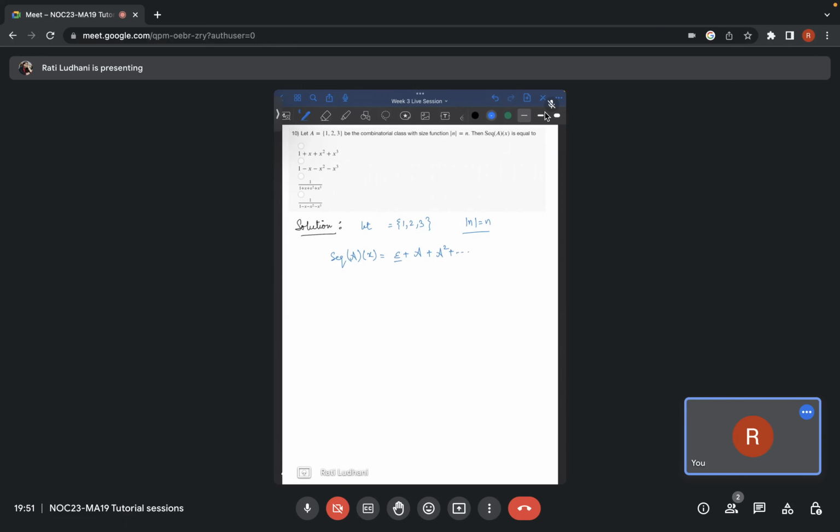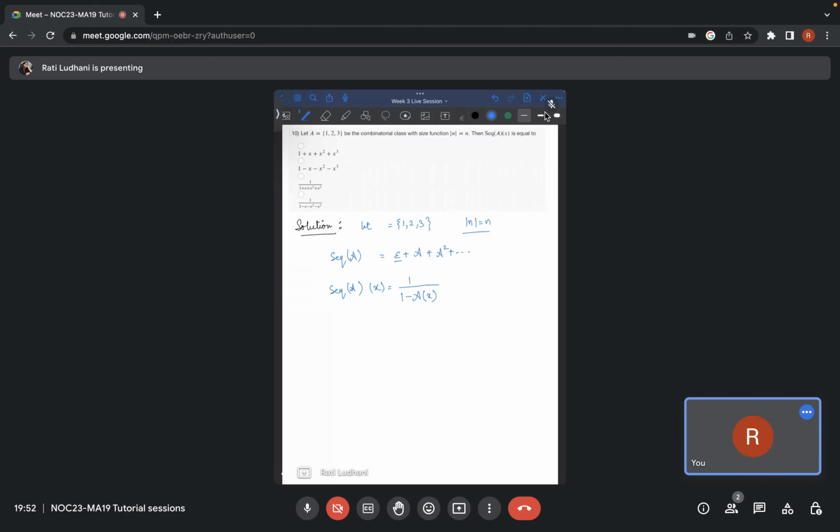Now this is your sequence class. From the formula, what do you know? This is 1 by 1 minus A(x). You can check the notes. Your generating function for the sequence class is 1 by 1 minus the generating function of A.